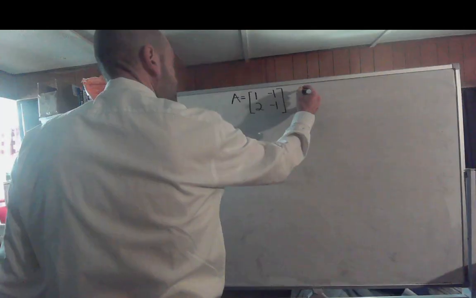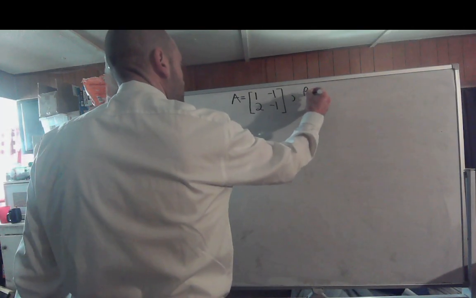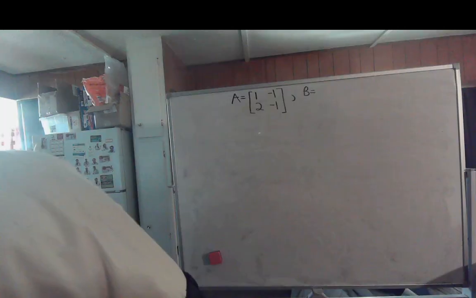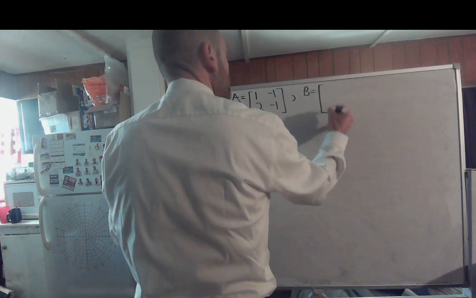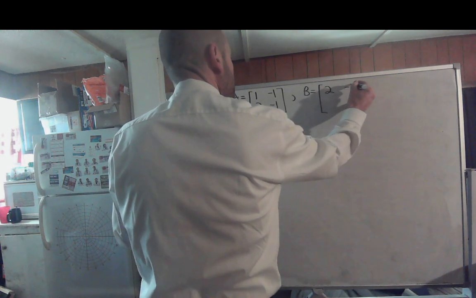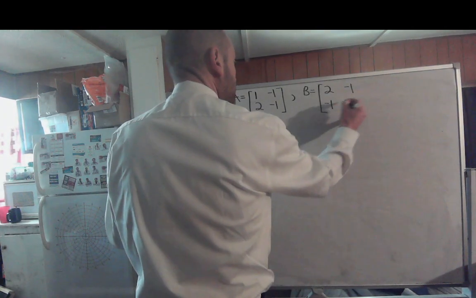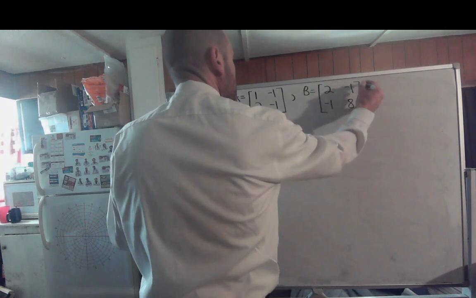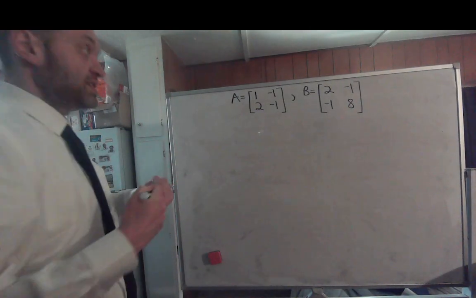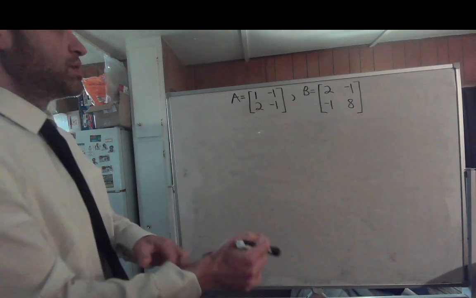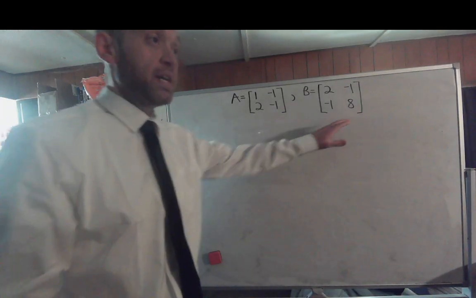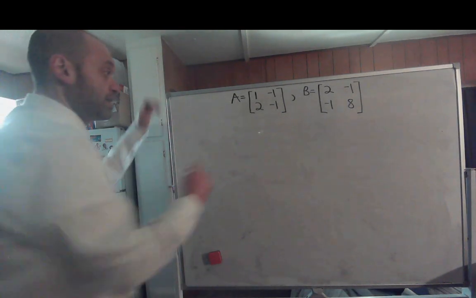And then I have some matrix B with entries 2, -1, -1, and 8. Well, are they the same dimension? They definitely are. They're both a 2 by 2 matrix. We can definitely add them.